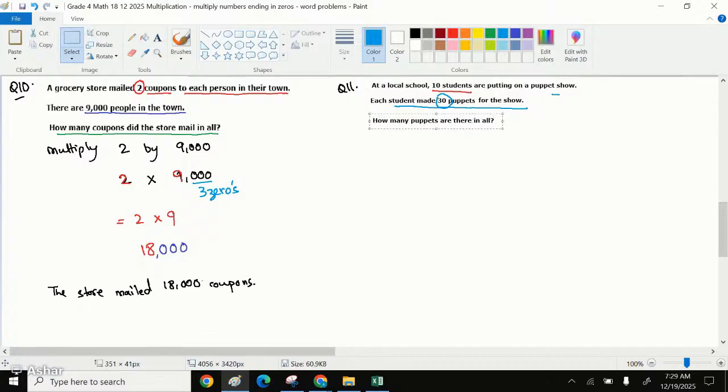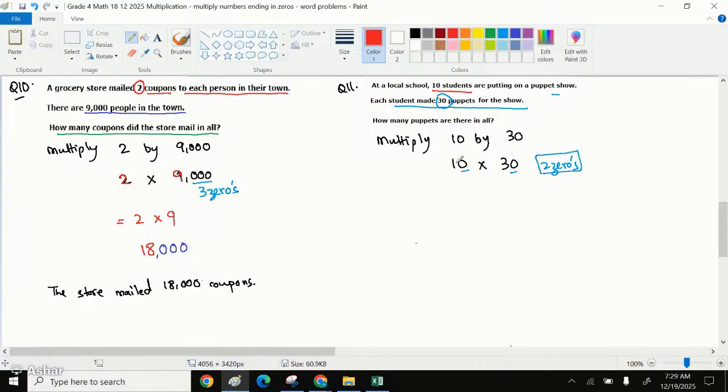If there are 10 students, each student has 30. That means we need to multiply 10 by 30 because each had 30, so there were 10, so 10 multiplied by 30. So we count the number of zeros, or we can simply write over here, there were 2 zeros. This is important for us.